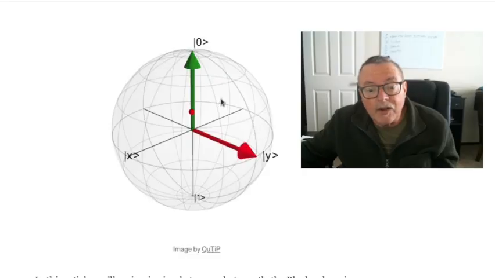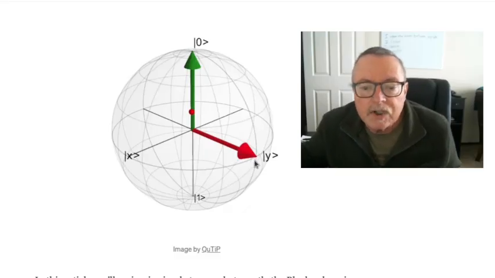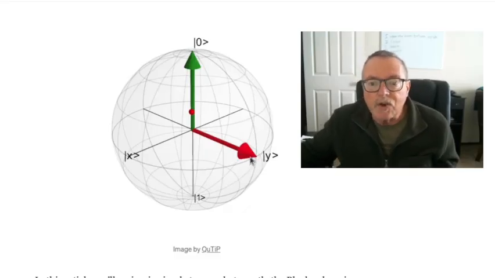When you go around this way, that's the relative phase difference between the two. So we have the relative phase going around this direction, and then we have the direction going up and down this way. So it's all built into this magical thing. So we'll continue to use this when we talk about two-dimensional space. Now, of course, when we get to infinite dimensional space, this isn't going to work at all.